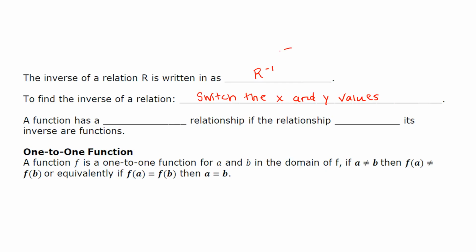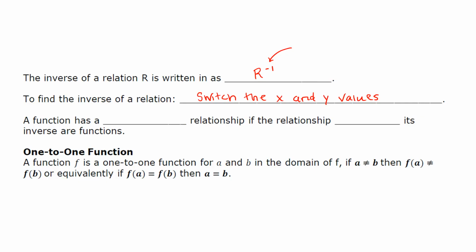Please take note that this -1 in what appears to be the exponent location is not R to the power of -1. It represents the inverse of a relation named R.